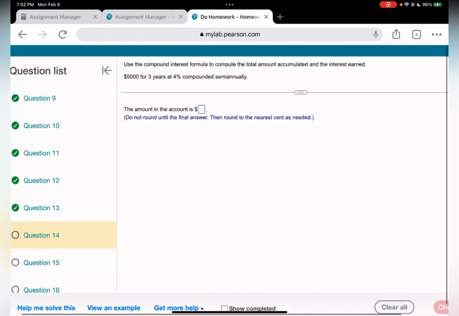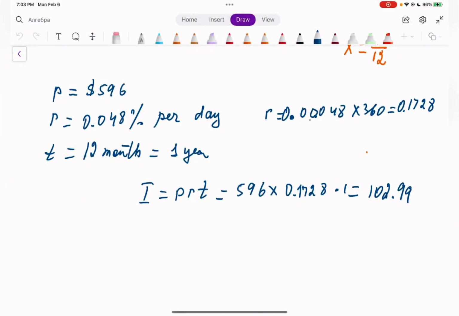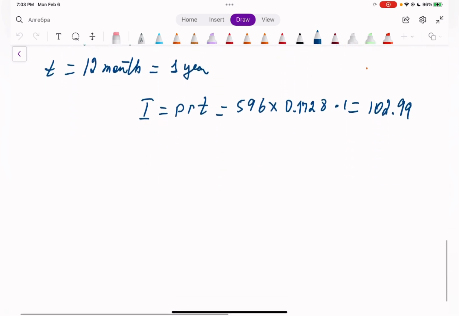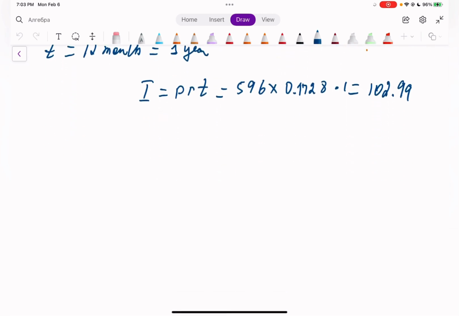Okay, so let's go back to our problem. Let me take a picture with the data so we can work with it. All right, so here is what we have. Use the compound interest formula to compute the total amount accumulated and the interest earned.